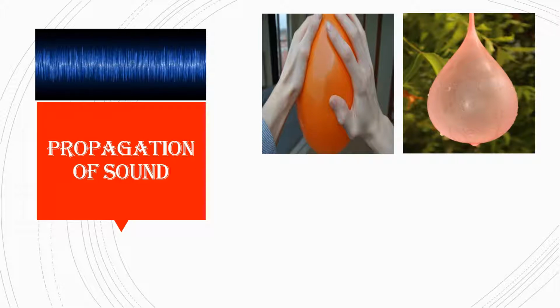Yes, when we rub a finger on the balloon, it starts vibrating. And if the balloon is filled with air, vibrations produced are passed through the air and we hear a certain sound. And if a finger is rubbed on the balloon which is filled with water, vibrations are passed through the water and we observe that we hear a clearer sound through the balloon filled with water.